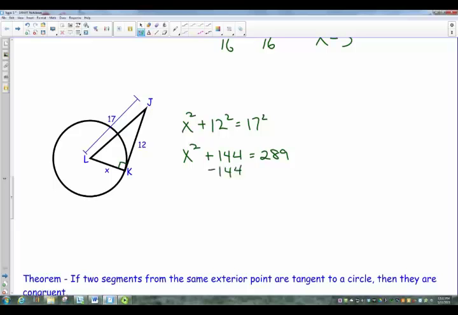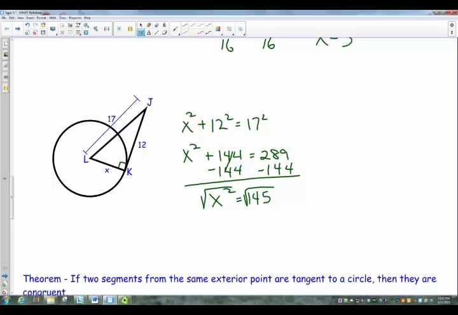Now solving for x squared, we're going to subtract 144 from both sides. So you got x squared equals 145. And then we're going to take the square root of both sides from there.